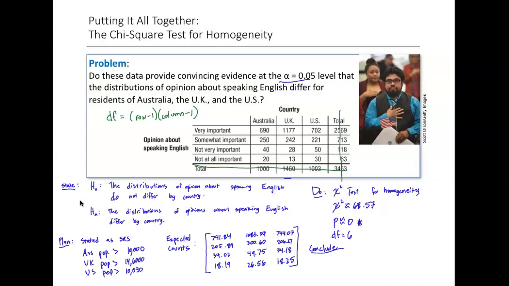So conclude, at alpha equals 0.05, we reject H null in favor of HA. We have convincing evidence that opinions on speaking English differ by country.